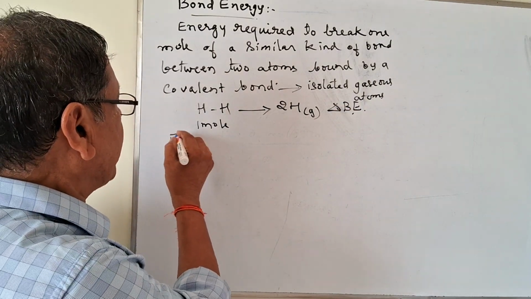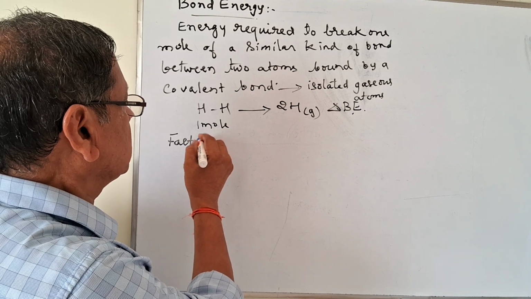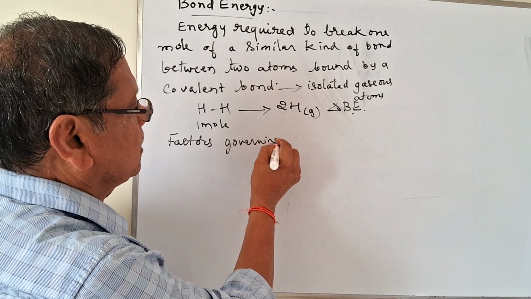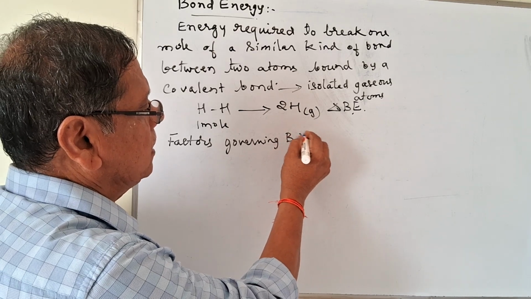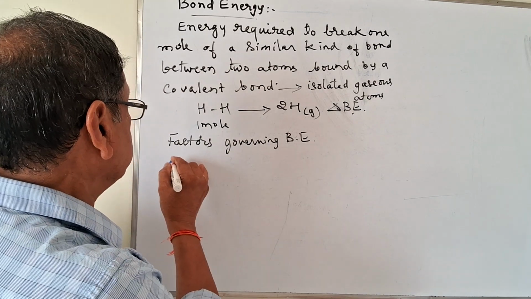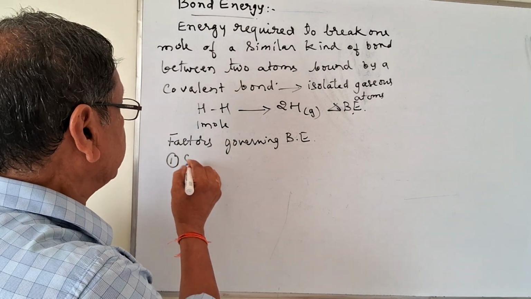So there are so many factors which govern this bond energy. Factors governing bond energy, also called the bond dissociation energy. The first one is the size of the atom.